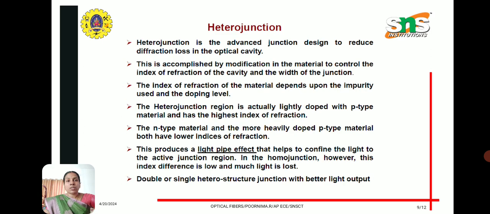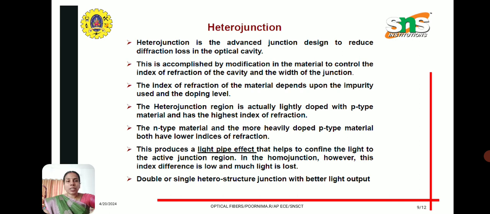Next we shall see the heterojunction, which is the advanced junction design to reduce the diffraction loss in the optical cavity. It uses materials to control the index of refraction of the cavity and the width of the junction. The index of refraction depends on the impurity used and the doping level. The heterojunction region is lightly doped p-type material and has the highest index of refraction.